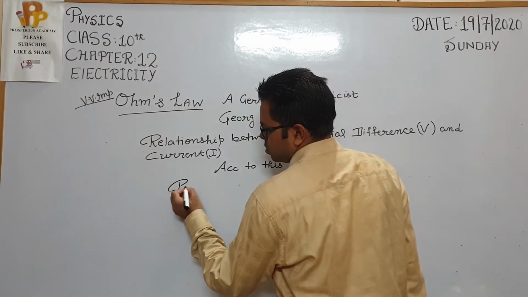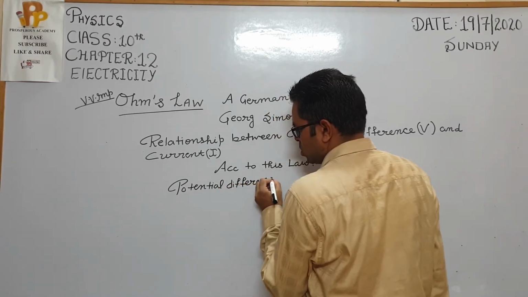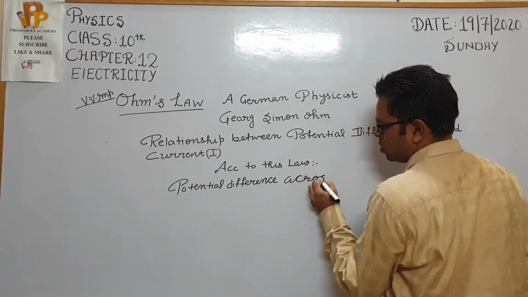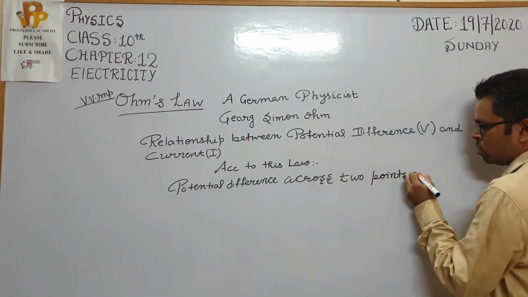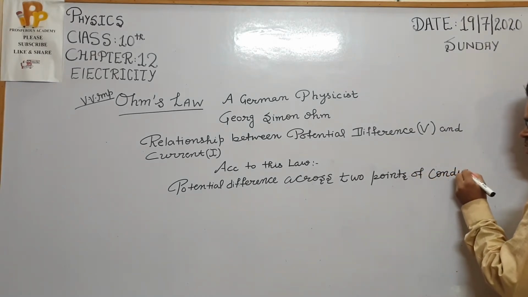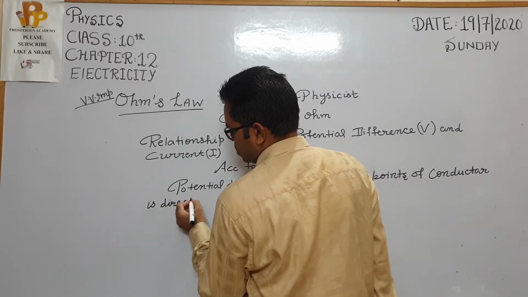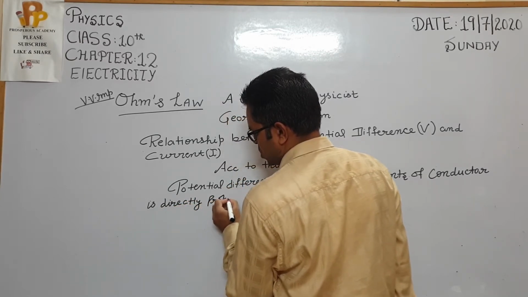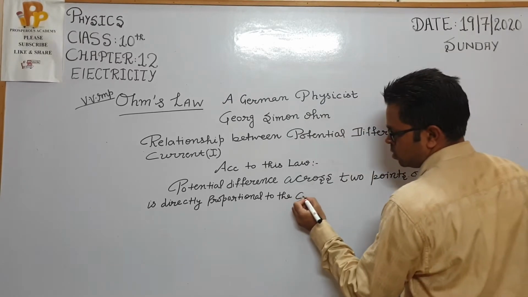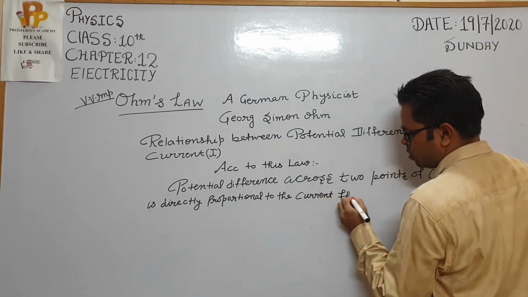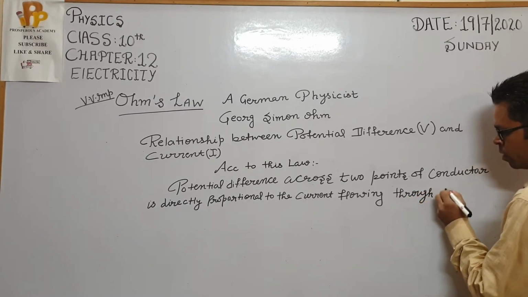Potential difference across two points of a conductor is directly proportional to the current flowing through it.